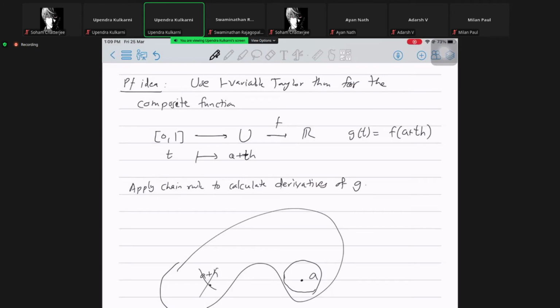So now it's just a matter of writing down the chain rule and seeing what expression you get. This is something that you really must do on your own. We will do it next time, but it's much more illuminating if you do things on your own. And also read the proof of one variable Taylor's theorem. It is a very nice proof. I will quickly sketch that also. Okay, so let's stop for this time.